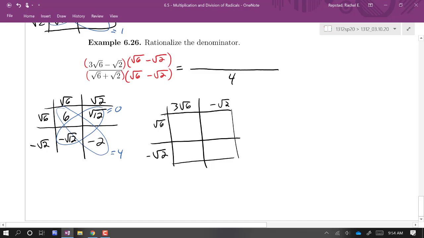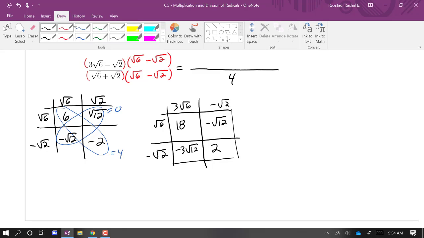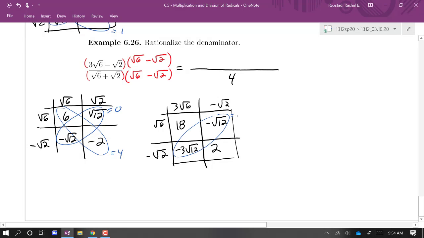So we have 3 times 6, or 18, and then negative root 12 on the bottom, minus 3 root 12, and then plus 2. We have like terms along the diagonals. Here we have a negative 4 root 12, and this gives us 20. So we have 20 minus 4 root 12.